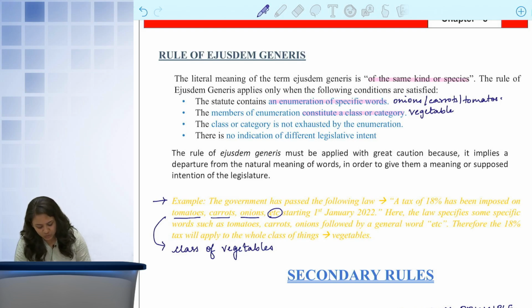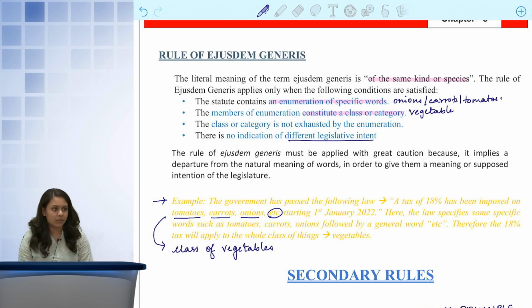And four, there is no indication of a different legislative intent. That means it is clear from the reading of the statute that the law wished to impose an 18% tax generally on all vegetables. And if these conditions are satisfied, then we can apply the rule of ejusdem generis.